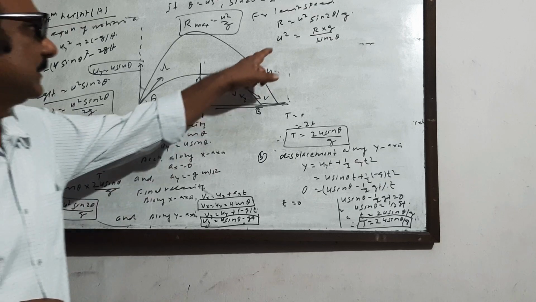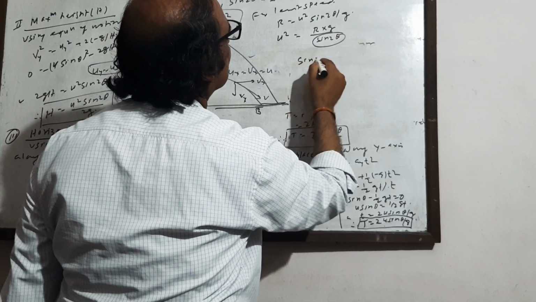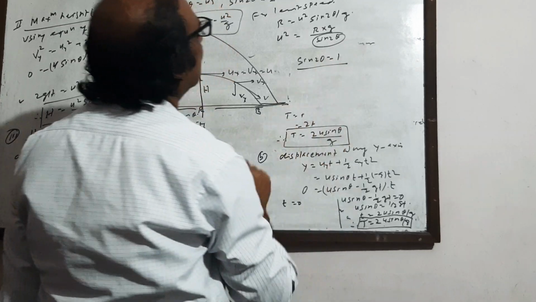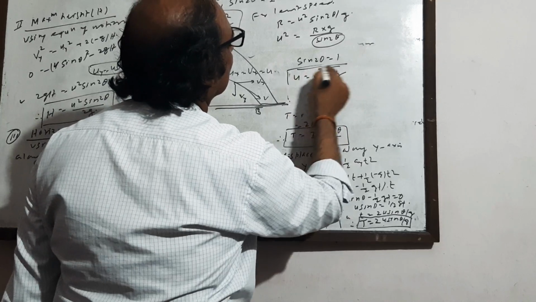Least speed of projectile means u minimum, so this value must be maximum, and the maximum value of sin 2 theta must be equal to 1. So least speed equals square root of R into g.